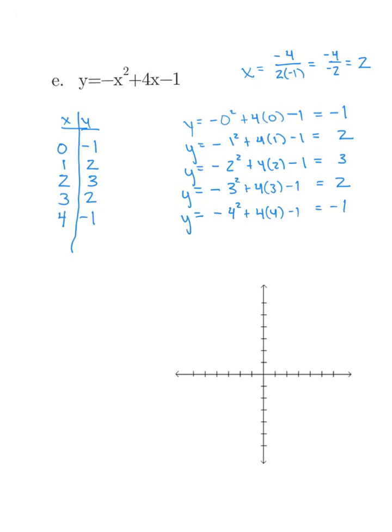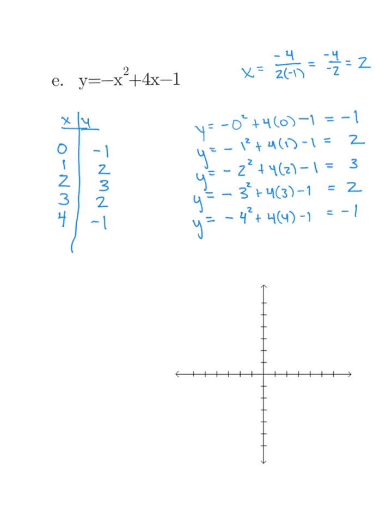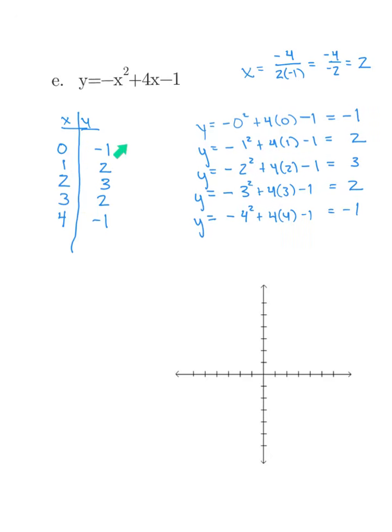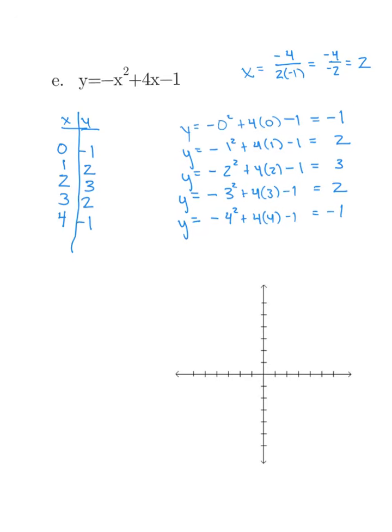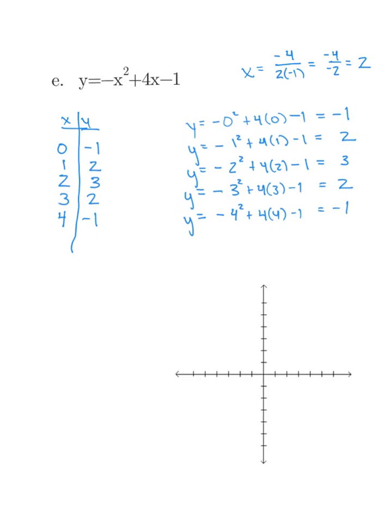Now, one of the things you may be noticing here is that we don't have x-intercepts. We do not have a 0 anywhere in our y column. But here's the thing. You can have x-intercepts. They may not necessarily be nice numbers.